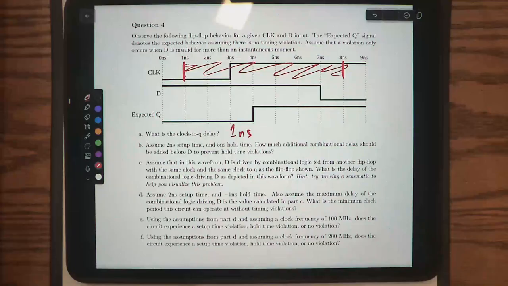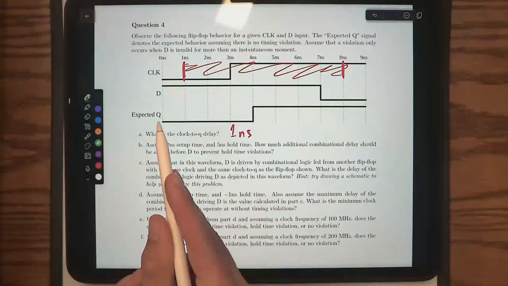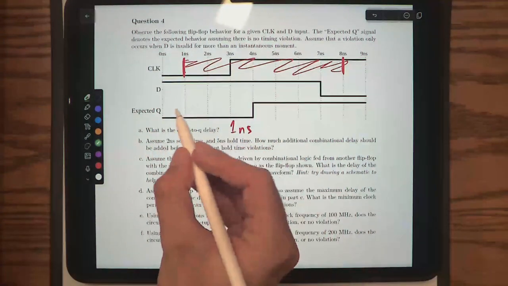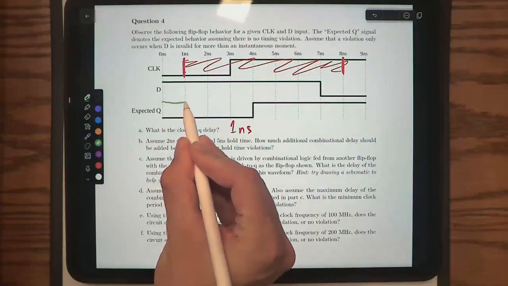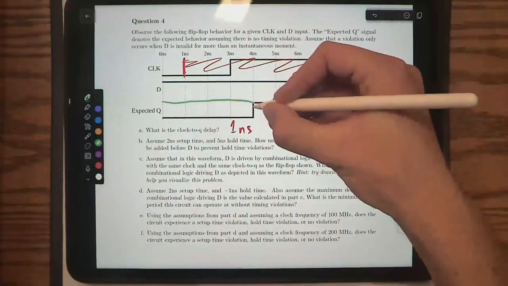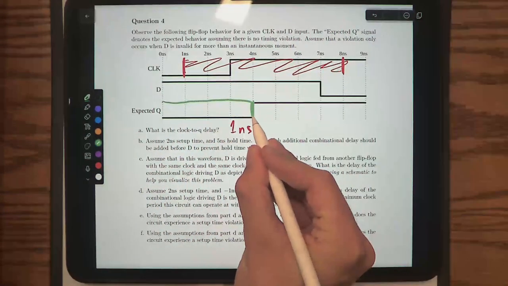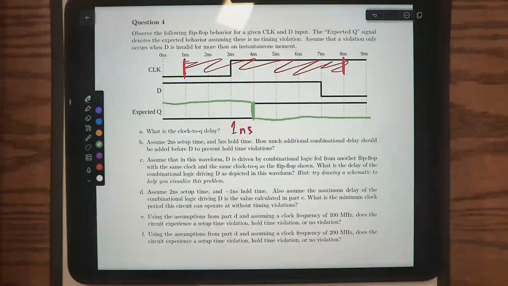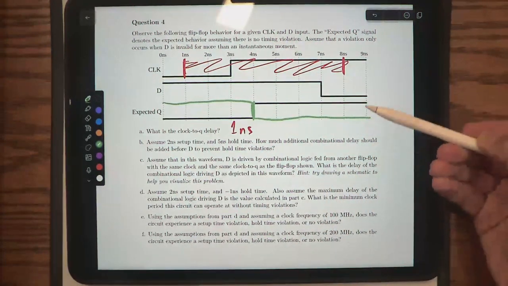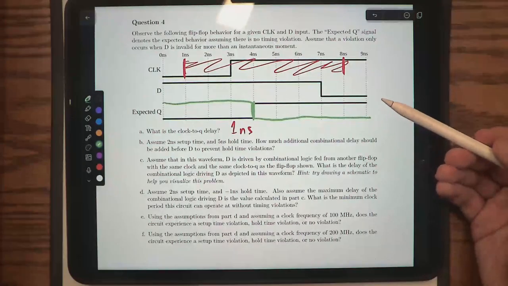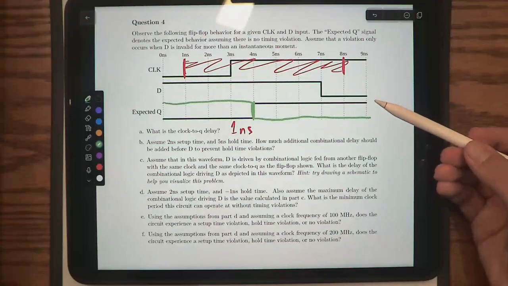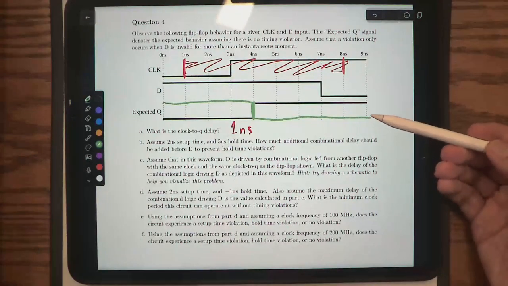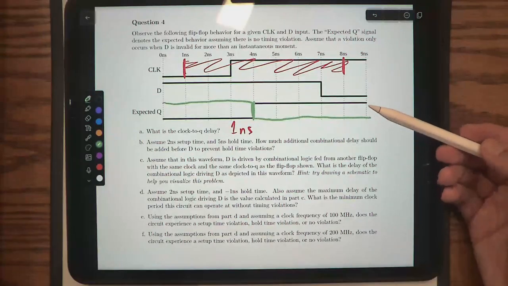Side tangent. What if the expected Q was actually something like that, where it started at 1 and then dropped down? If this was our expected Q, so it's now inverted, would this be a setup violation or a hold violation? We would call this a setup violation.